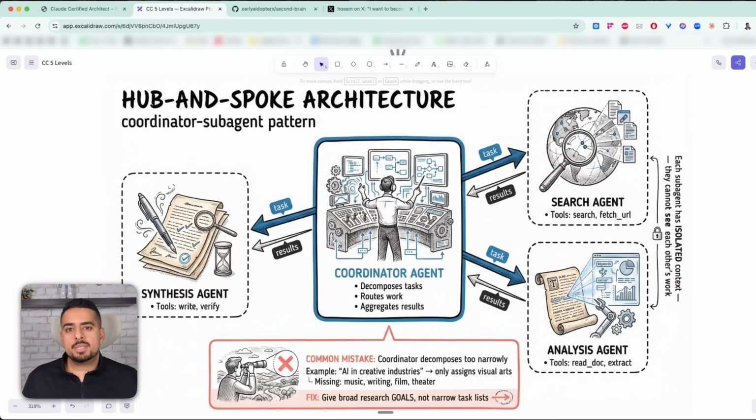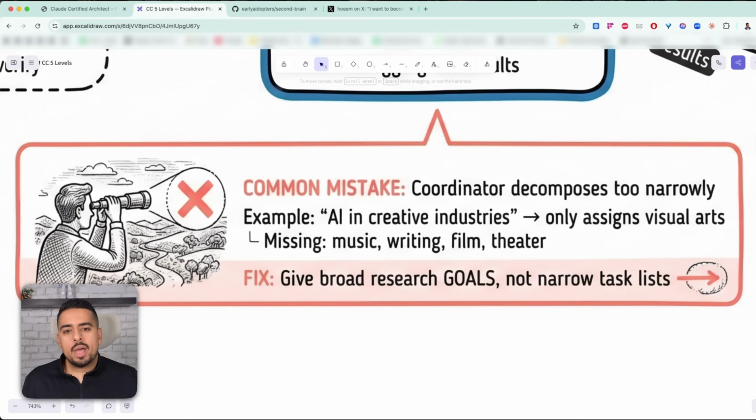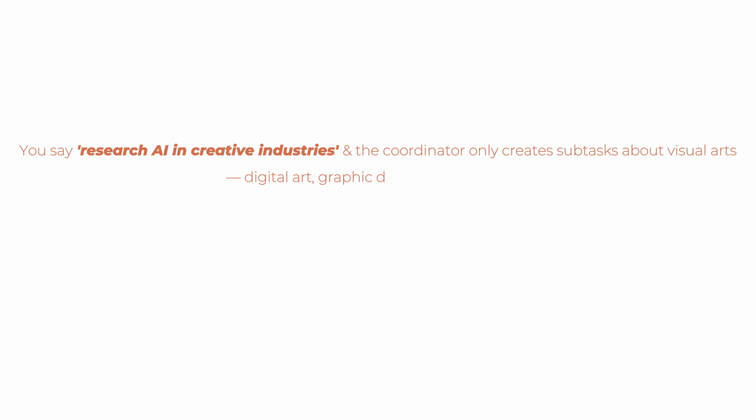Now there's one major mistake that many people make when it comes to understanding subagents, and it's the following. So let's zoom in here. Even though you have a main agent, it's completely possible that the coordinator could break down tasks too narrowly, and this is something you have to look out for. In practice, it could look like this. You say, research AI in creative industries, and the coordinator only creates subtasks about visual arts, so digital art, graphic design, or photography.